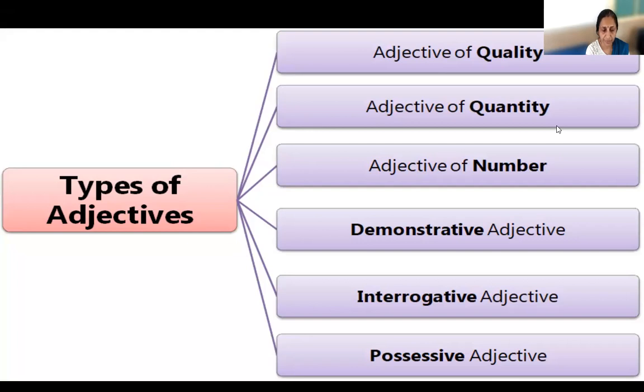Then we have demonstrative adjectives, which will point out the noun you're talking about. If it is closer to you, you will use this and these. If you're talking about nouns a little away from you, you will use that and those, depending on whether the noun is singular or plural.